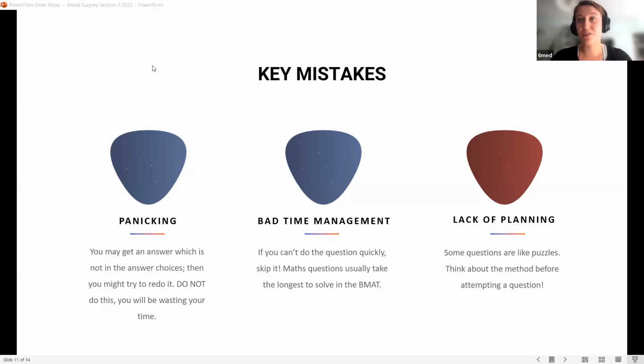Kind of similar to those of you who have sat the UCAT, don't let one question throw you off timing for the whole section, because it's only a minute a question. So the thing to do is you get to that, just guess, move on. And the same even if you have a question and you're like, I don't even know where to start. Move on. Make sure you're getting to the end of the section.